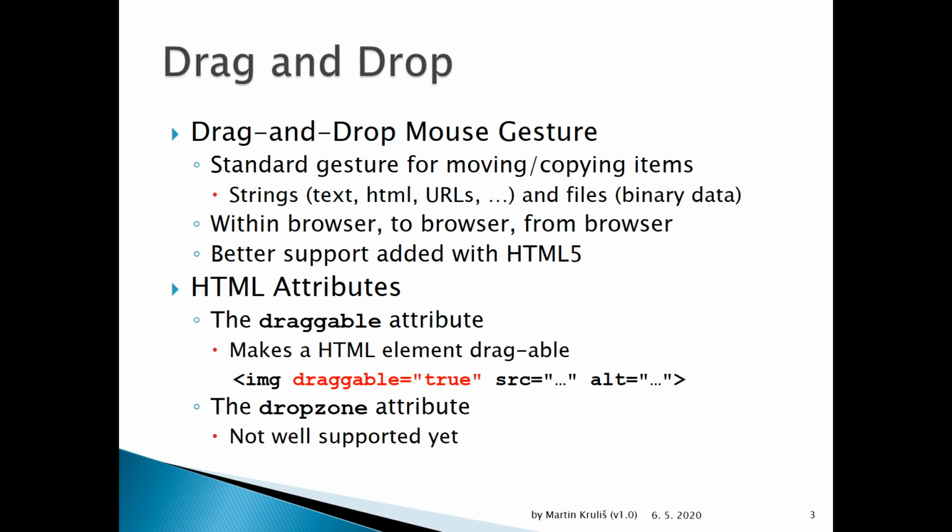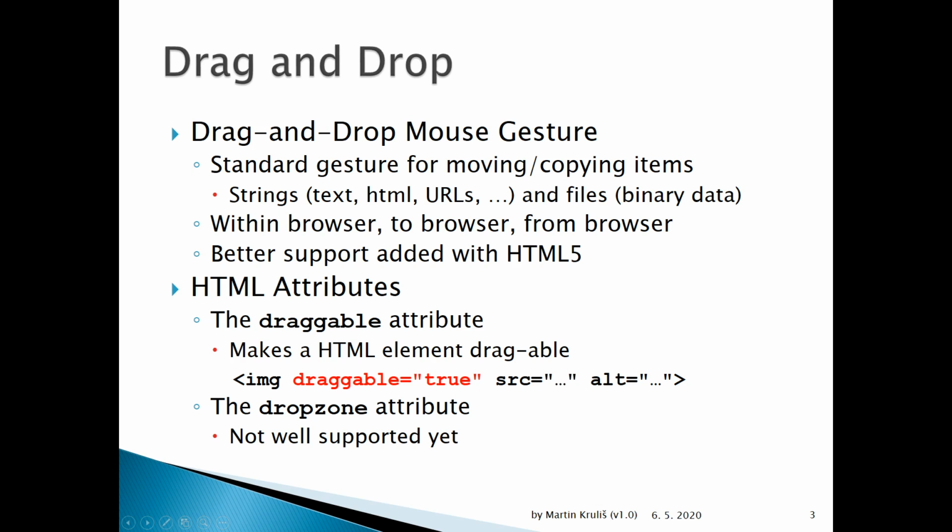Important thing to know is that there is a better support added with HTML5, so there's also some older API for drag and drop which was defined prior to HTML5, but if you encounter it, don't use it, use this new API. So first of all, there are some specific HTML attributes. The most important one is the draggable attribute.